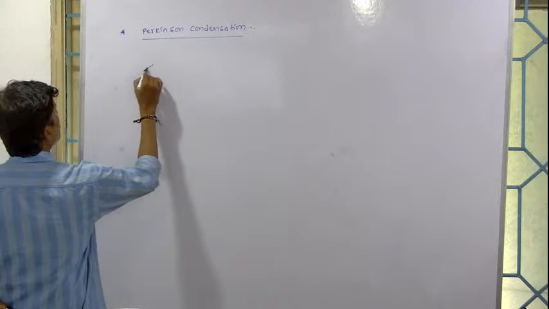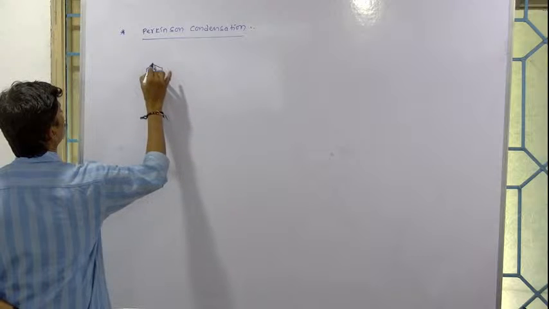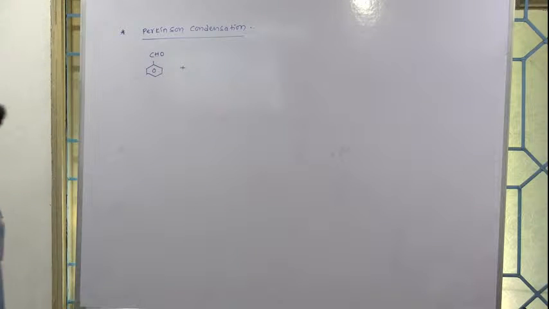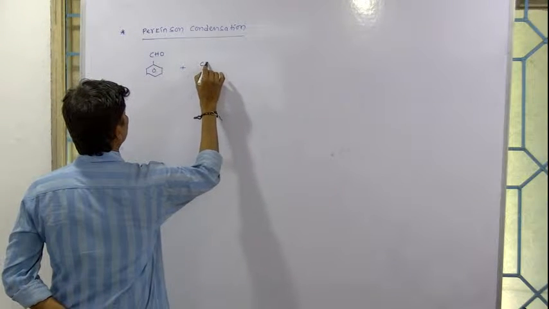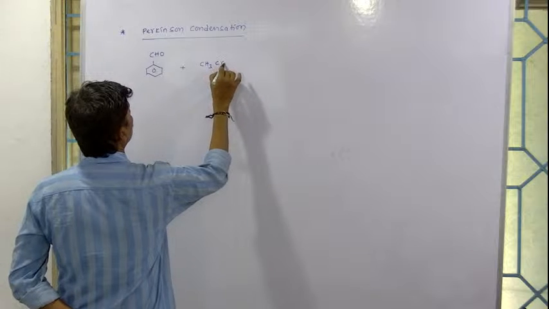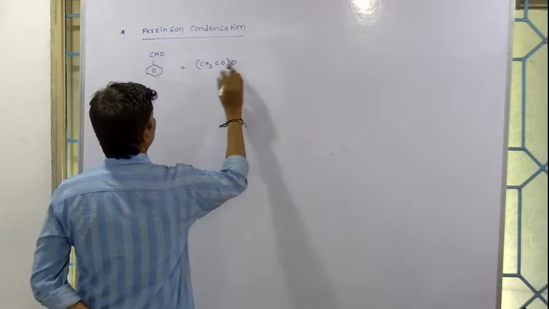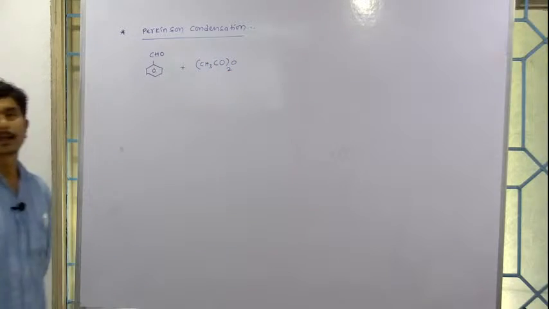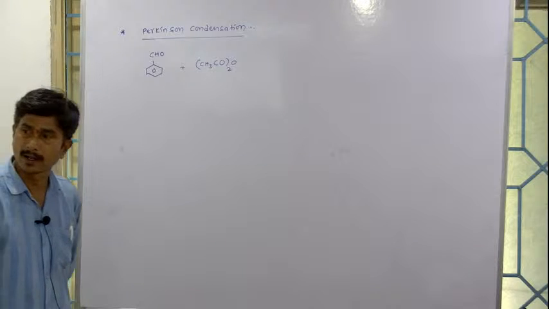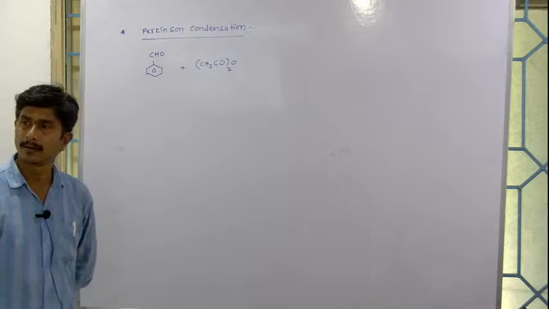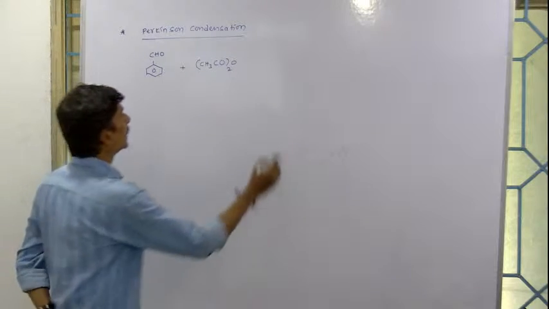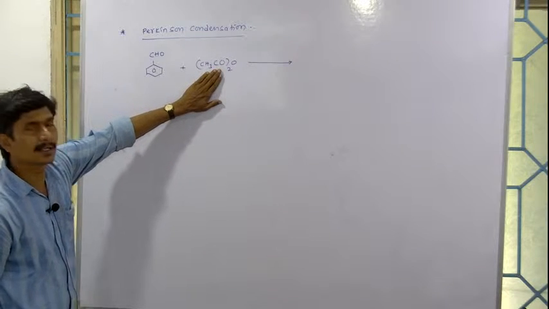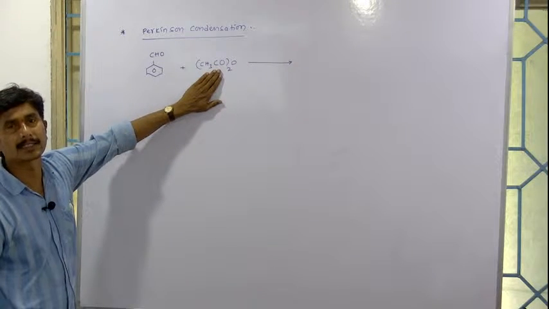For example, benzaldehyde treating with the acetic anhydride in the presence of the salt of the same acid as the anhydride, which can be used as a base.